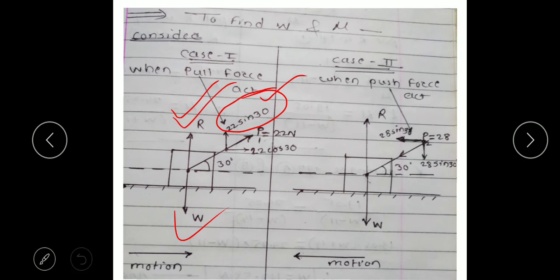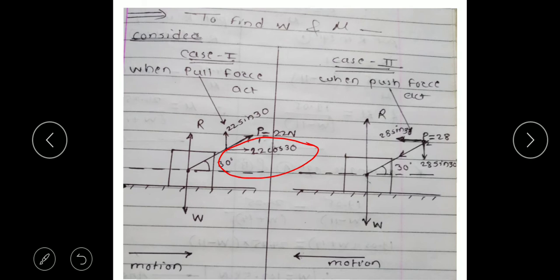Horizontal forces are in this diagram. Horizontal forces 22 cos 30, it is having the right direction means positive, and the frictional force F is nothing but mu into R. So this force will be negative and this force will be positive because of the sign convention.